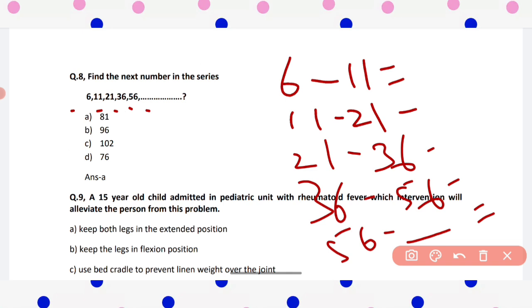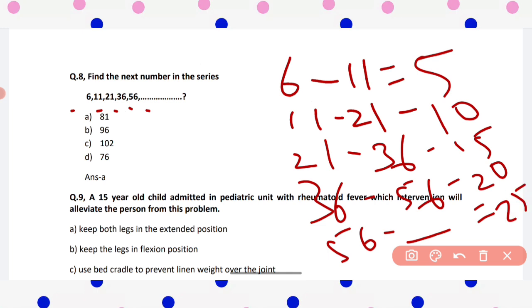Okay, let's see. 6 and 11 gives 5. 11 and 21 gives 10. 21 and 36, 15. 36 and 56 is 20. So 56 and something, it will give what? 25, because the connectivity is increasing by 5. Okay, 5, 10, 15, 20, 25.